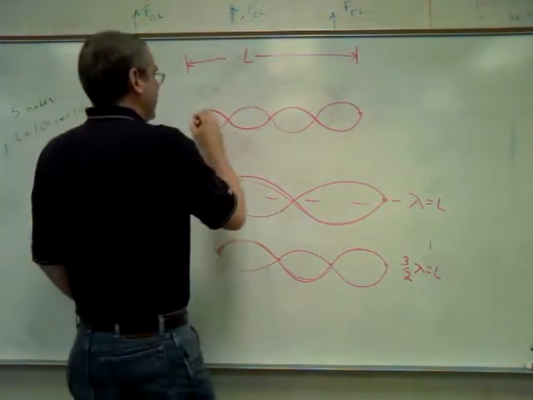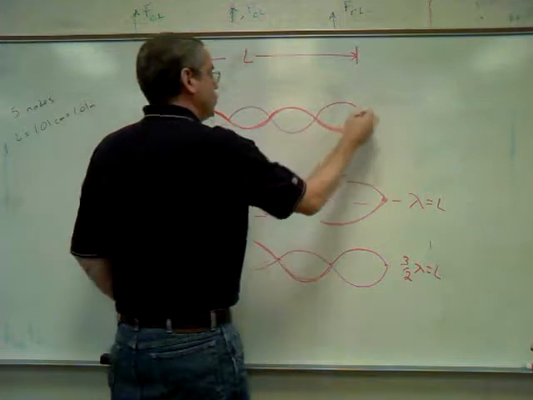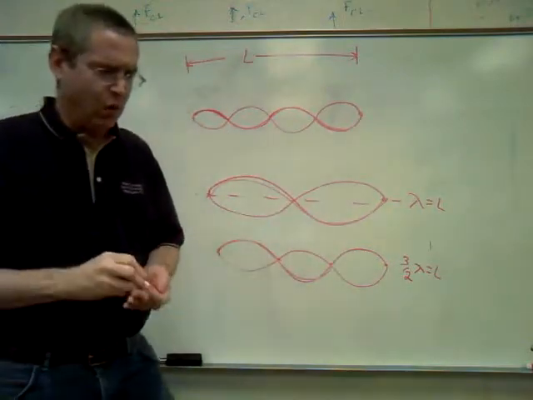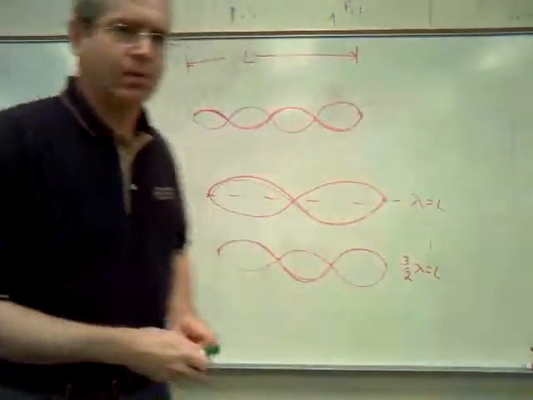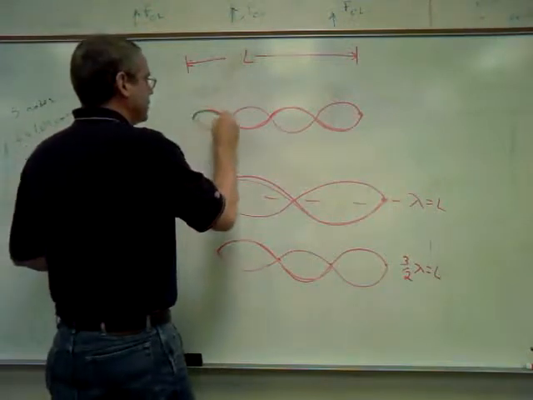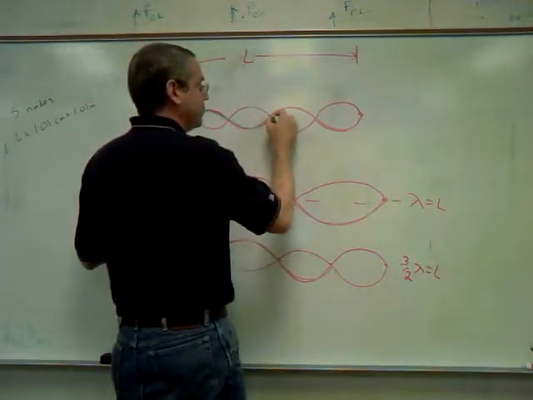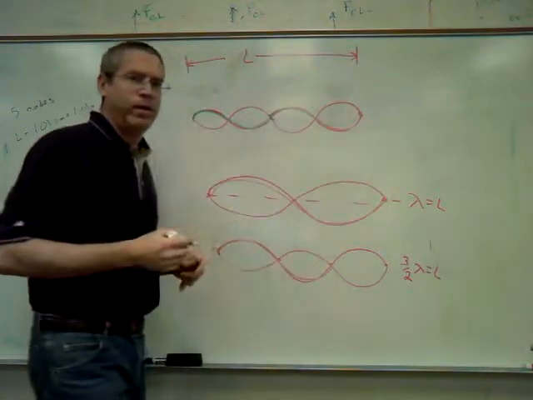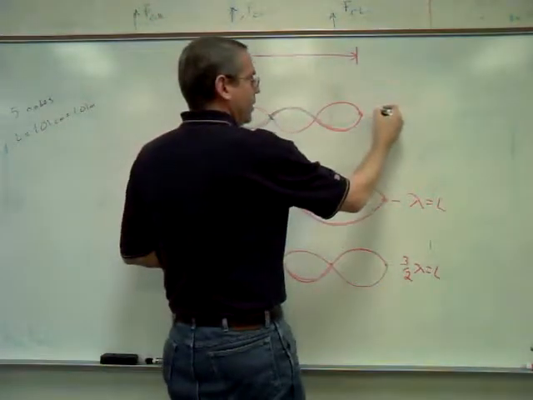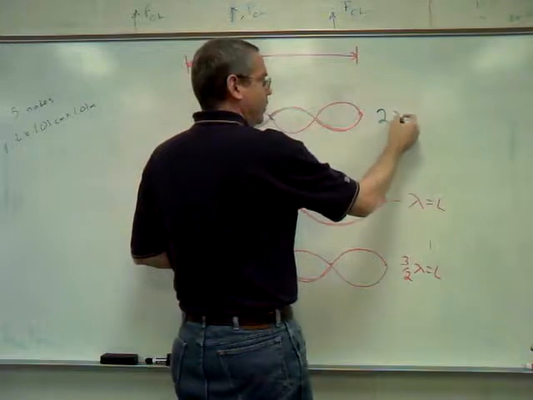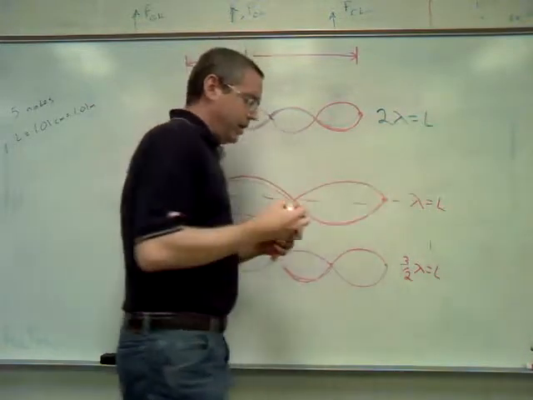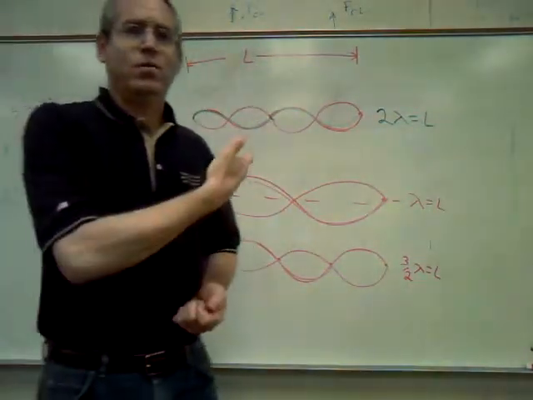And so I've got 1, 2. I have 2 complete waves here. There's the first complete wave right there, and the second complete wave is from here to here. And so I have 2 complete wavelengths in that one length. And so the question is, what is the wavelength here?